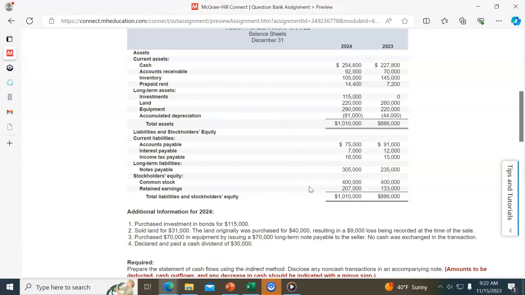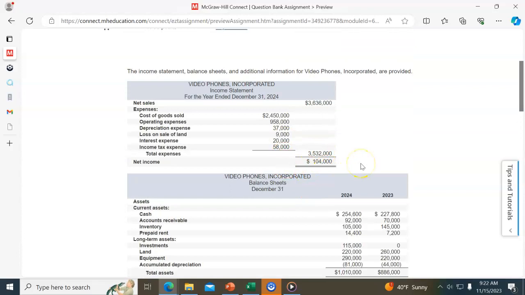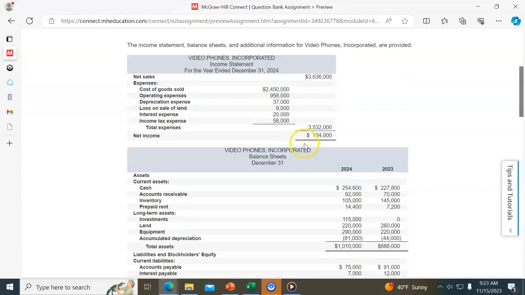So to do this statement of cash flows under just the operating section, indirect, what do we start with? Net income. Then we're going to do some adjustments. We'll adjust depreciation. We'll add back $37,000. What are we going to do to the loss on the sale of the land? Add back. Okay.